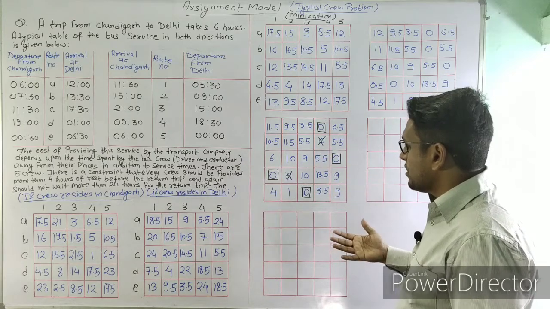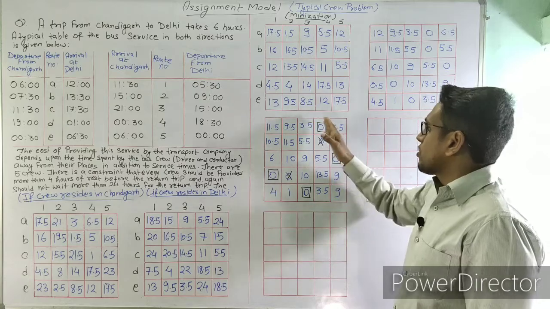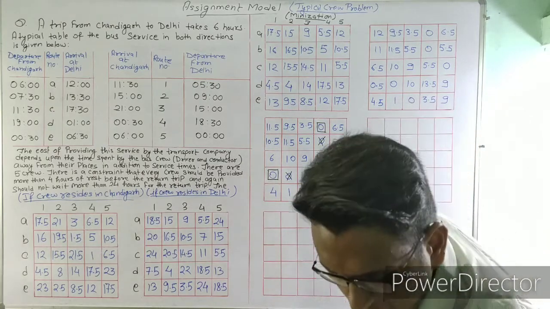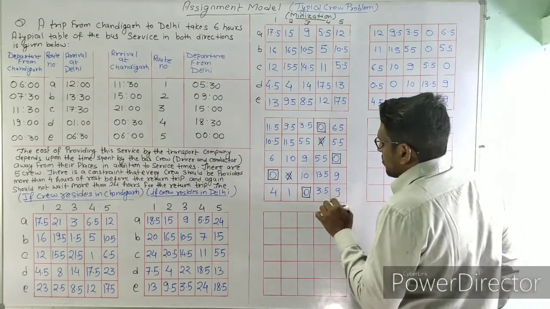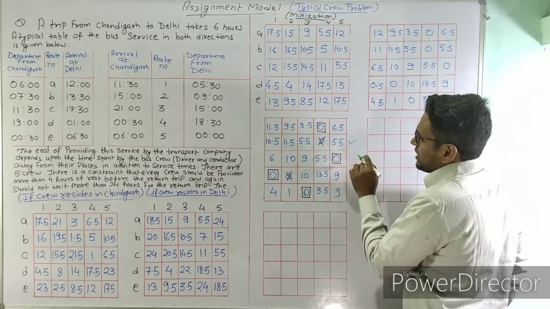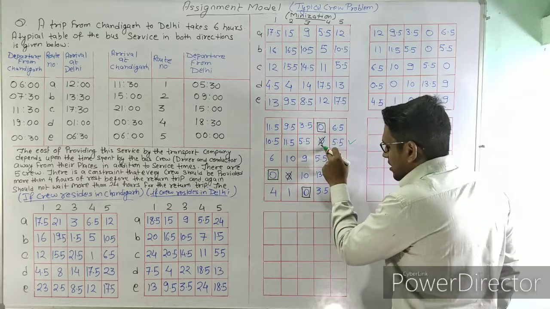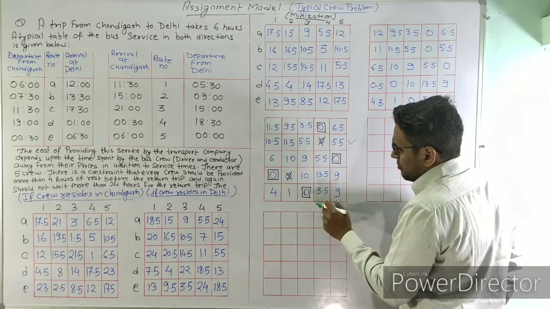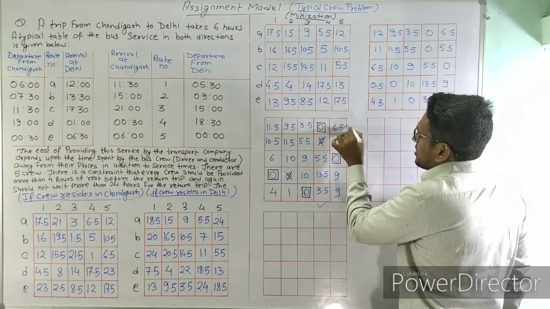So what we are going to do is draw the minimum number of lines which will cross all the zeros here, and in order to do so we will follow certain steps. The first step is take the unassigned row. We can see that this is the only unassigned row. Take the unassigned row, and if this row has a 0, take the corresponding column. So this is 0, take the corresponding column, and if this column has an assignment, take the corresponding row.